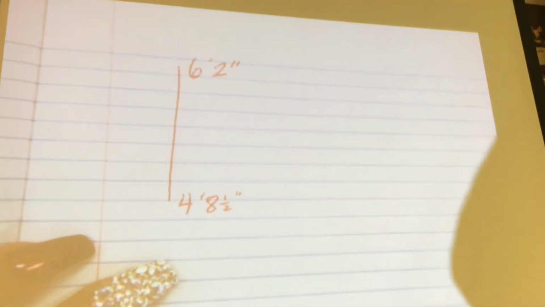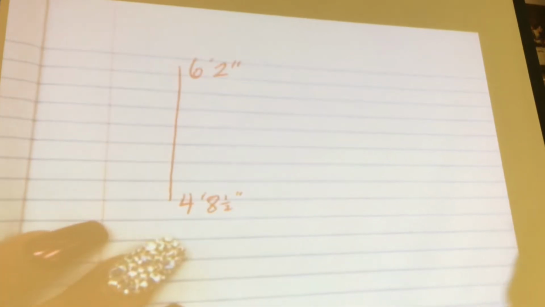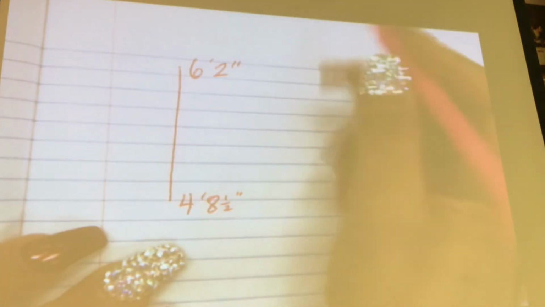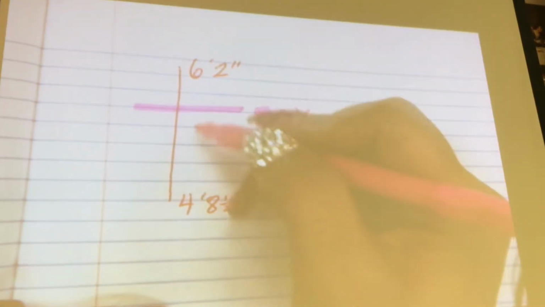If this is the range of heights in this classroom, Emma, can you guys do that later? Thank you. If I say that you fall within the 80th percentile, am I talking about the top part or the bottom part?